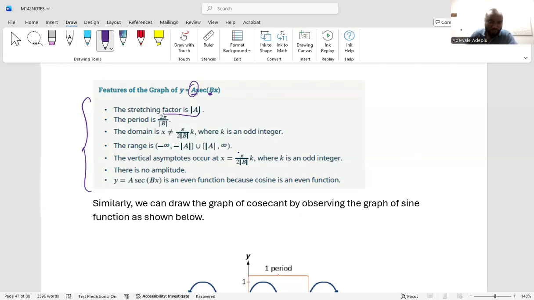So the domain would be the entire negative infinity to positive infinity, except those points where cosine is 0. So we need to remove those points. And the range, starting from this, look at it.